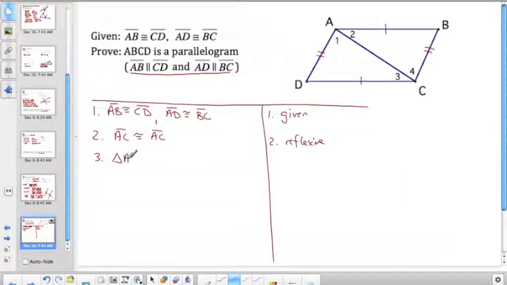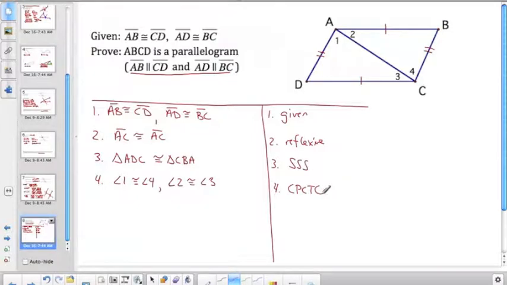So triangle ADC is congruent to triangle CBA, SSS. So that means that angle 1 is congruent to angle 4, and angle 2 is congruent to angle 3 by CPCTC.